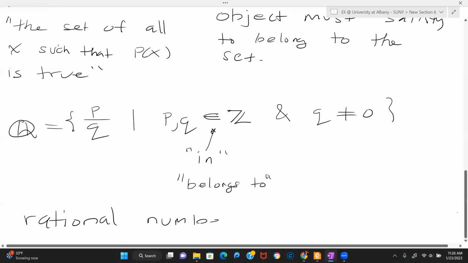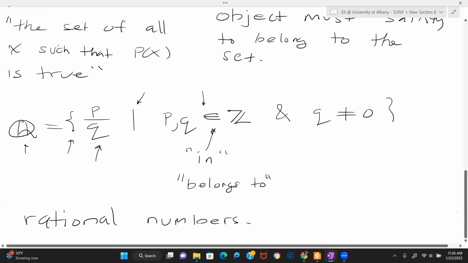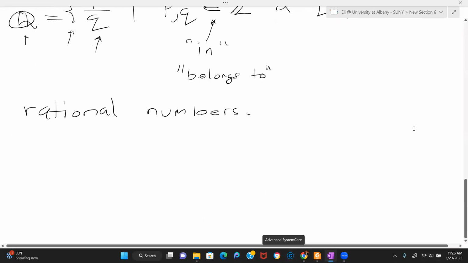Again, Q is the set of all P over Q, such that P and Q satisfy the proposition, the conditions that this element must satisfy. What does this have to satisfy? Well, P and Q have to be integers, so they belong to the set of integers, and Q cannot be zero because you can't have division by zero. So that's how you read this set: Q is the set of all fractions P over Q such that P and Q are integers and Q is non-zero. So that's how you define this set.